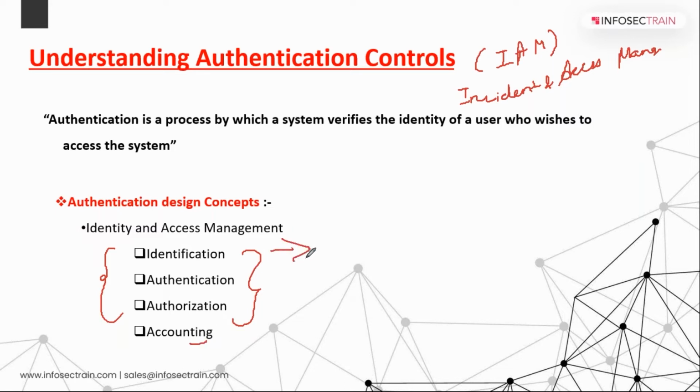In identification, we are creating an account or ID which uniquely represents the user, the device, or the process over the network. In authentication, we verify what they can claim, and where they can access the resources.